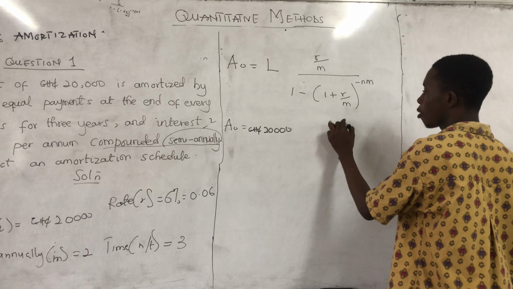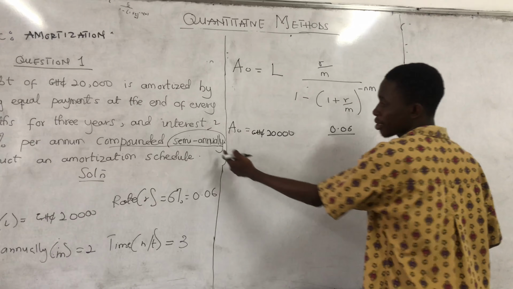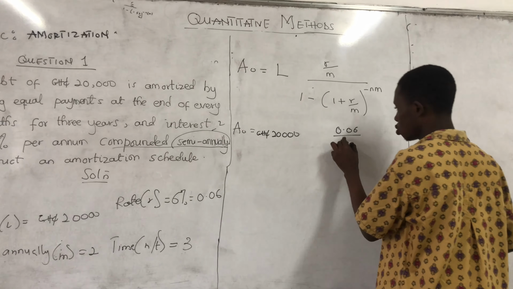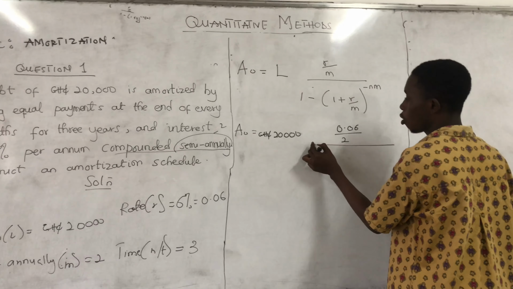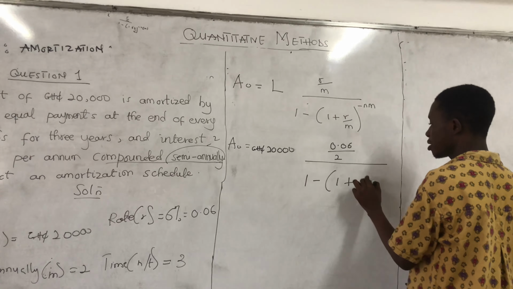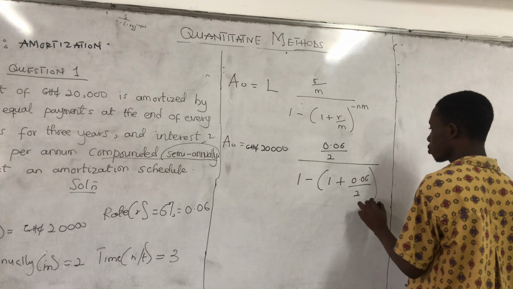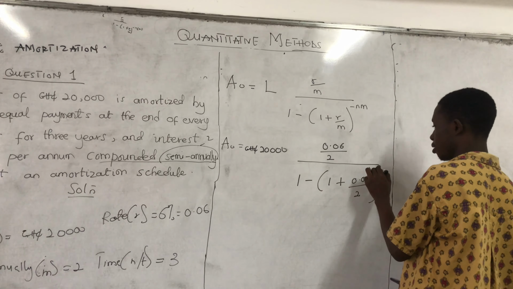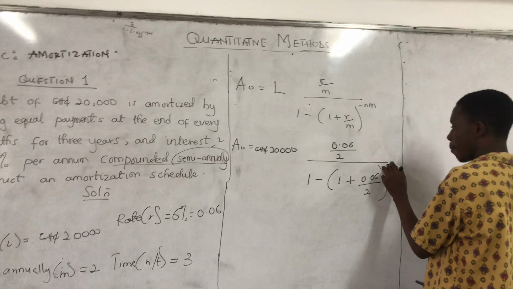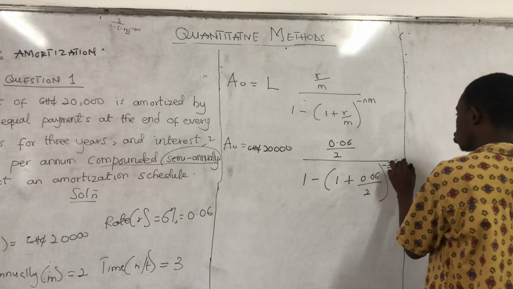Rate 0.06 over the compounding period, semi-annually, 2. So you have 2 here, all over 1 minus (1 plus rate 0.06 over compounding period 2) to the power minus, remember, 3 times the compounding period 2.